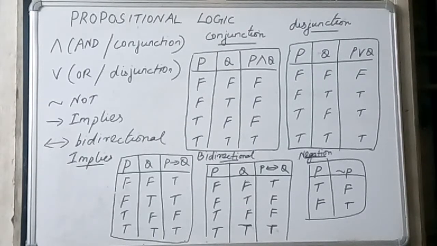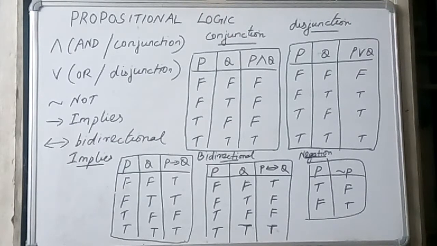Next one is disjunction. In the case of disjunction, it is the or sign, that is plus. Here we add the values. We supply the values for P and Q. In the first case, both values are false, so false plus false, that is 0 plus 0, is equal to 0.